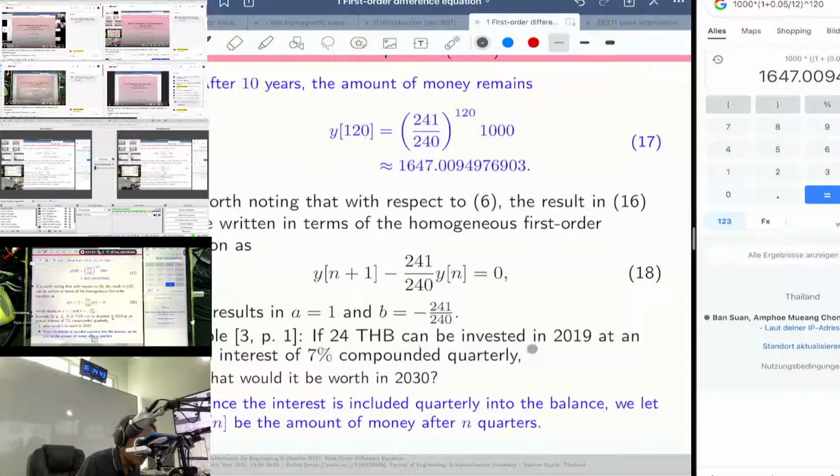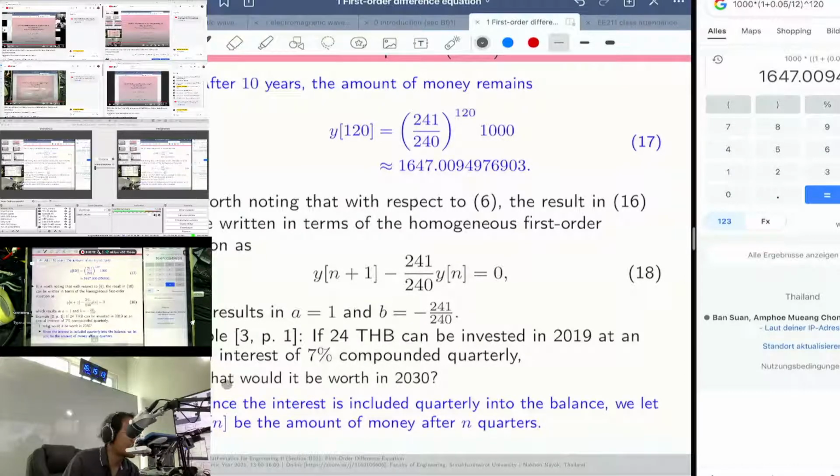If we invest in 2019 and the annual interest is 7% and compounded quarterly, what is that quarterly? What is the meaning of quarterly? Any idea about that? But if you don't know, it's no problem.